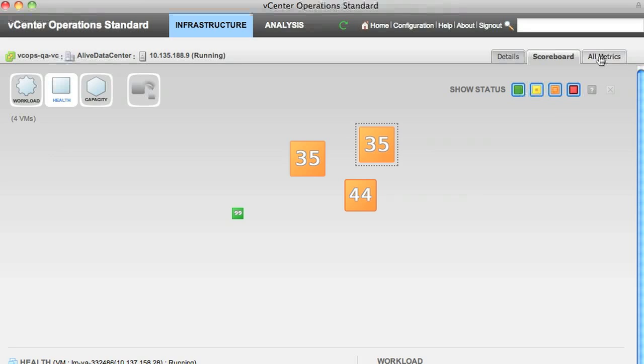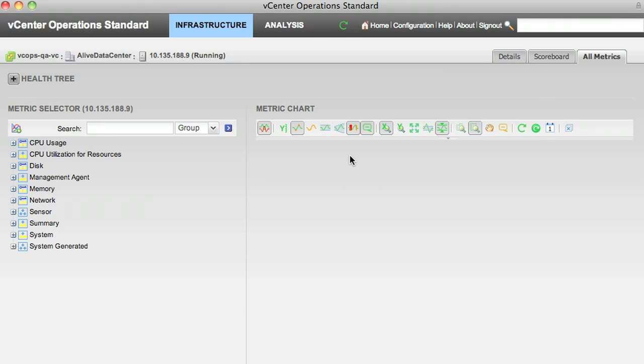But let's take a look at the All Metrics tab just to round out our tour of the vCenter Operations UI. Now the All Metrics tab is really the final level, the deepest level of investigation that you'll need to do. We don't expect that you'll need to come to this tab every time you investigate or troubleshoot a performance problem.